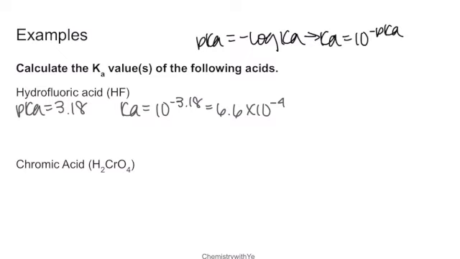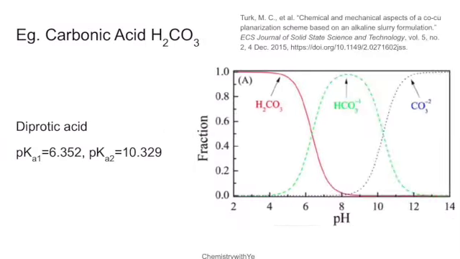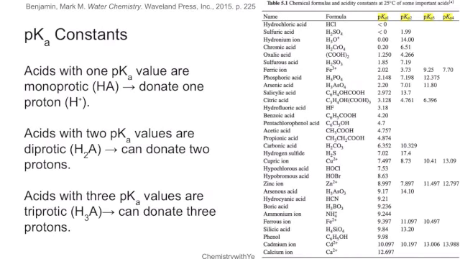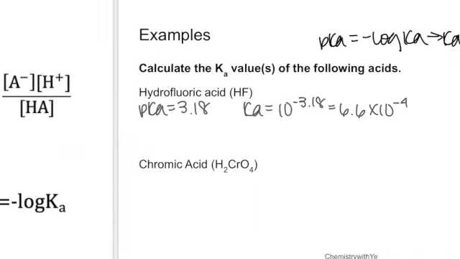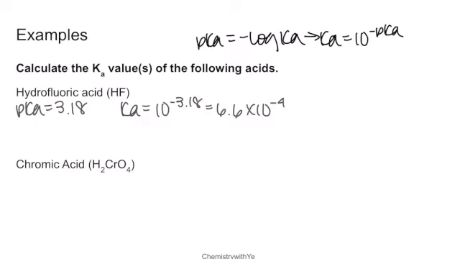So for chromic acid, it has 2 pKa values because it's a diprotic acid, and has these 2 pKa values of 0.2 and 6.51.